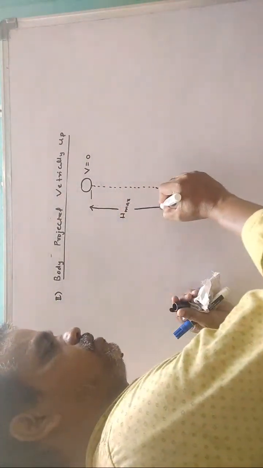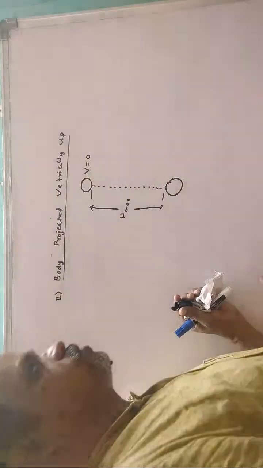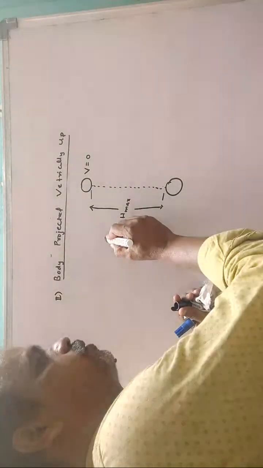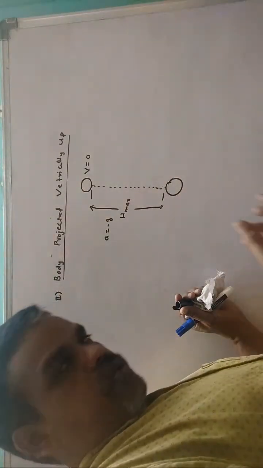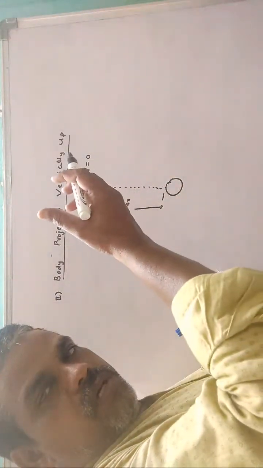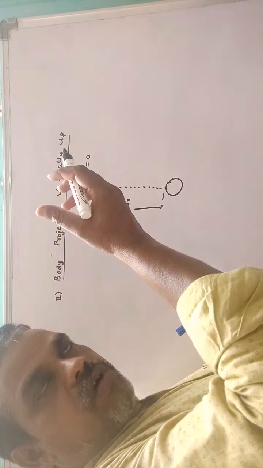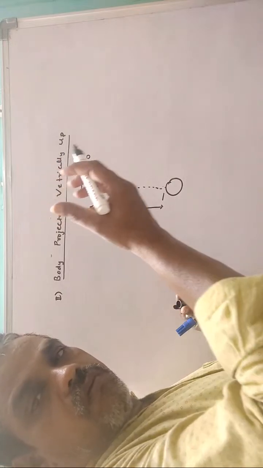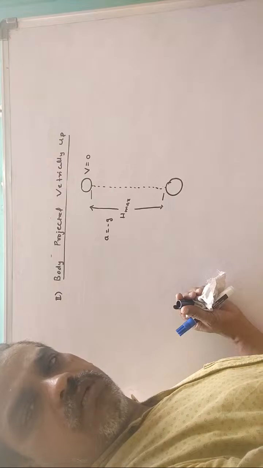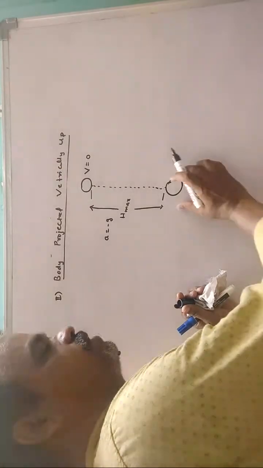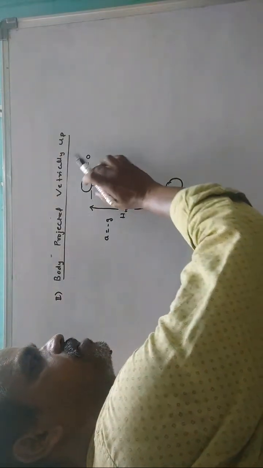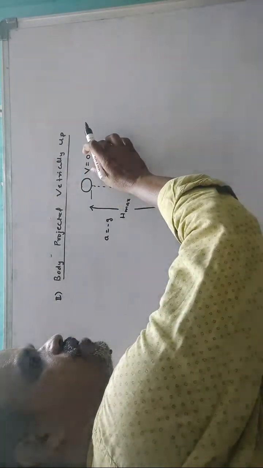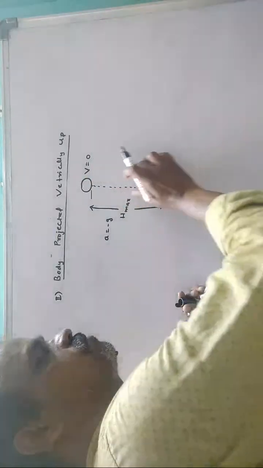At maximum height, the final velocity is equal to 0 and a equal to minus g. So it is going up, then the final velocity is 0. Then what happens? The body will fall to the ground. Simply it goes up with some velocity, at maximum height the final velocity will be 0, then it will fall to the ground.